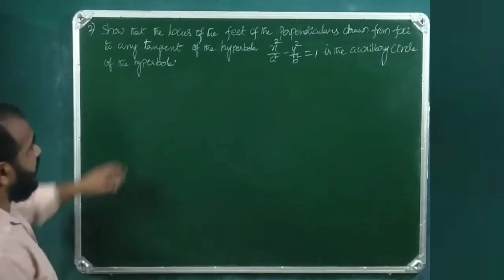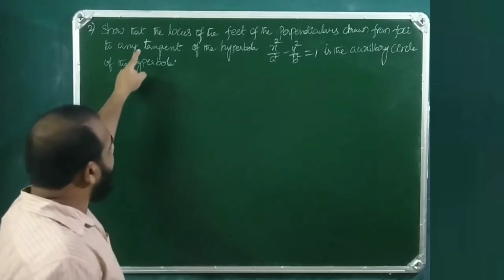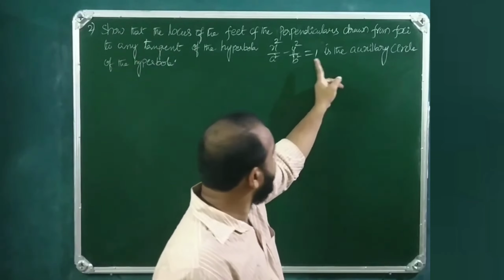Show that the locus of the foot of the perpendiculars drawn from the foci to any tangent of the hyperbola x²/a² − y²/b² = 1 is the auxiliary circle.